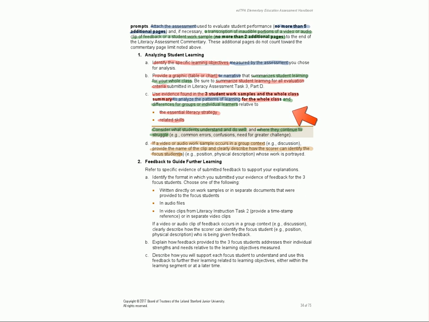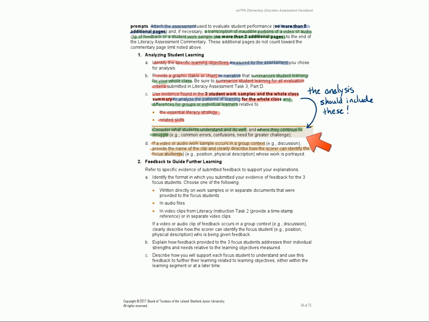Okay, so something important here: the analysis of the patterns of learning needs to include these things: what students understand and do well, and where they continue to struggle. Okay, so as you do this analysis, talk about your whole class, talk about your students in terms of what they can do, and also what they're struggling to do.